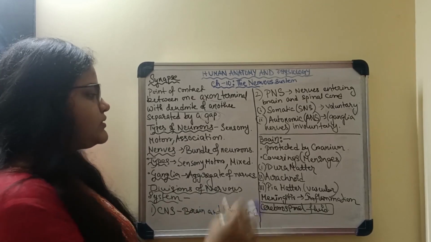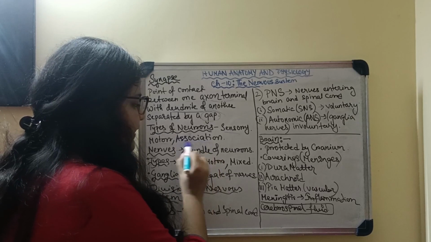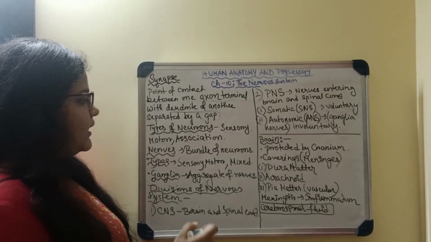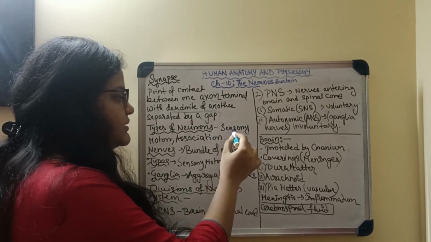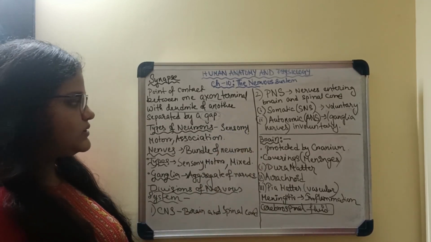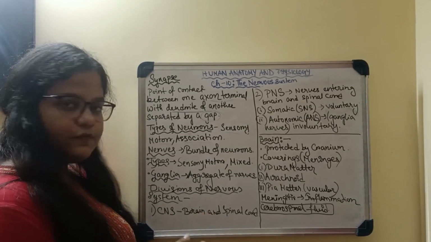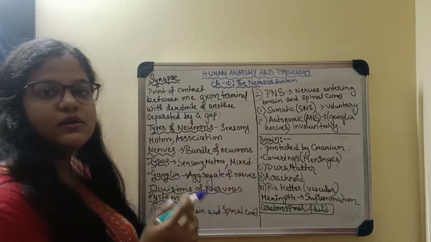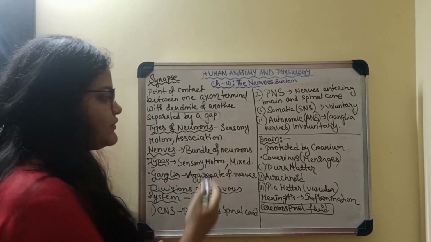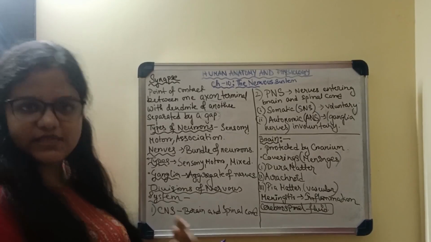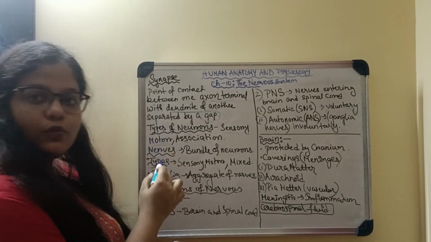Now, what are the types of neurons? Those are the sensory neurons, the motor neurons, and the association neurons. Okay. Now, what is the work of the sensory neuron? Sensory neurons are the neurons which carry the impulses from the receptor to the brain or the spinal cord. Now, what is the receptor? Receptor is a place where we receive the stimulus. Simple. Okay. Now, what is the work of the motor neuron?